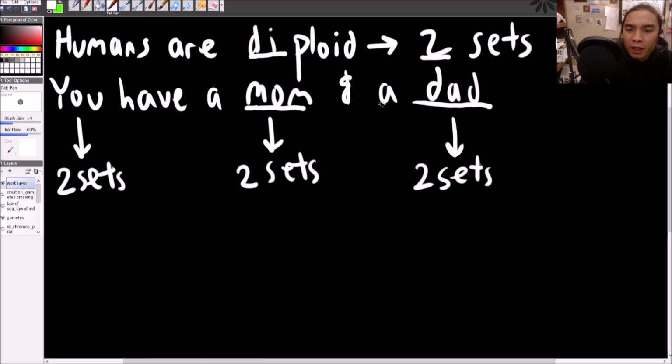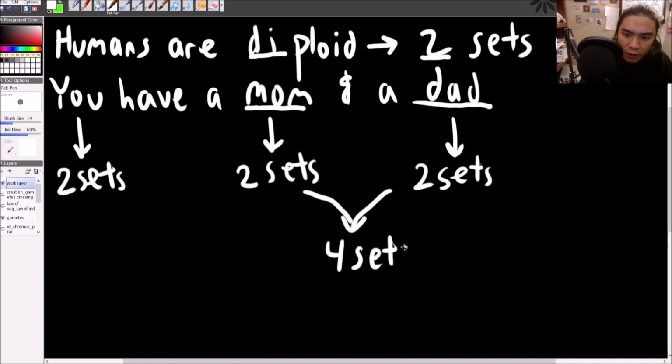So your mom and dad, they did it, and then they made you, and they gave you their DNA. Your mom gave you half of your DNA, and your dad gave you half of your DNA, right? But they didn't give you all of their DNA, because if they did, they would have given you 4 sets, which is not possible, because you have 2 sets of DNA.